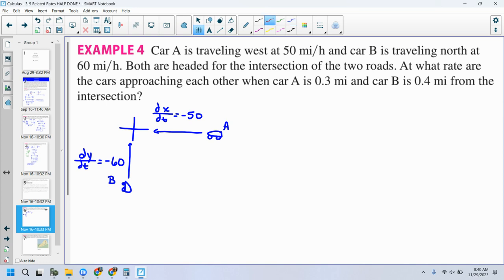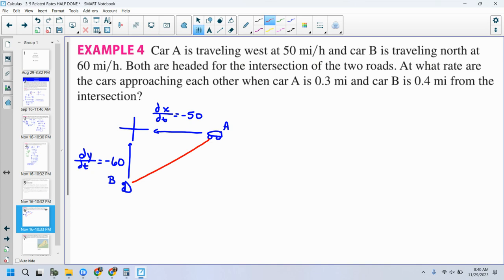That is this, right? As I bring the cars closer and closer together, what happens to that red line? It gets smaller and smaller, right? The cars get closer and closer together. So therefore, the rate of that red line changing is what we are looking for. At what rate are the cars approaching each other?